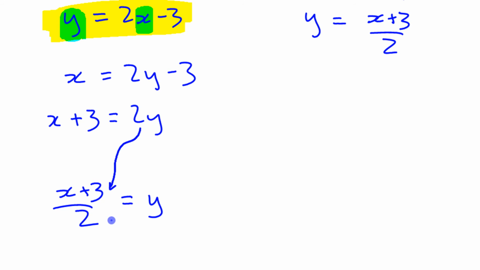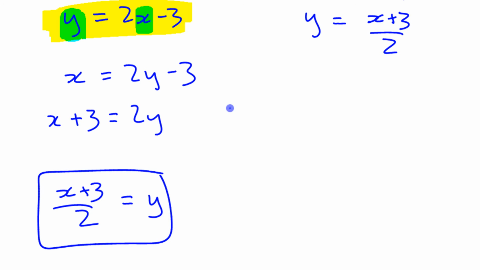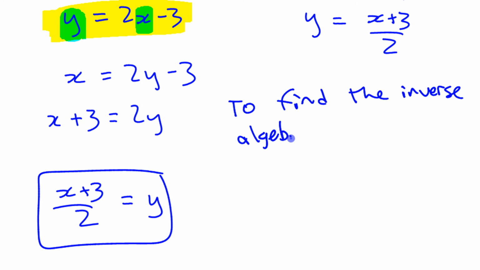You can write it equivalently with the whole side divided by 2 on the other side of the equation. If you want to find the inverse algebraically, which is what we just did, which just means take its equation and find another equation for the inverse.